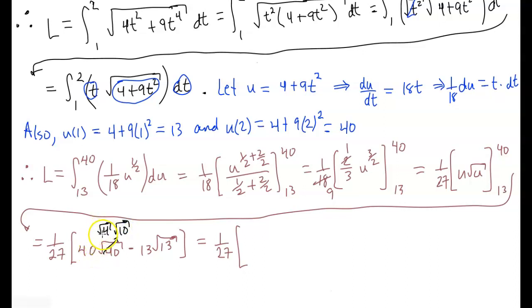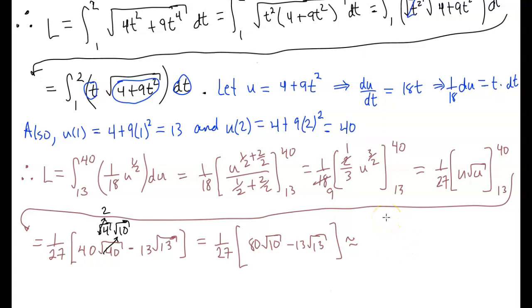And so square root of 4 would just be 2. So this would be 2 times 40, which is 80. So the only thing we could really do here is just rewrite this as 80 times square root of 10. So that's about it. So we'll just say 80 times square root of 10 minus 13 times square root of 13. And from there, that's about as simple as you can get it.